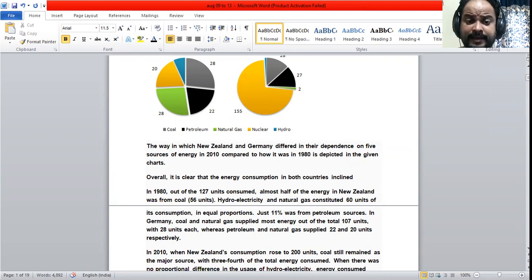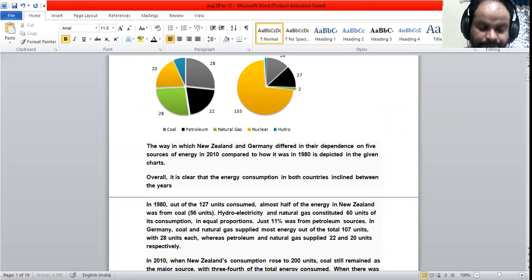Overall, it is clear that the energy consumption in both countries inclined between the years, with Germany surpassing New Zealand in the latter year.